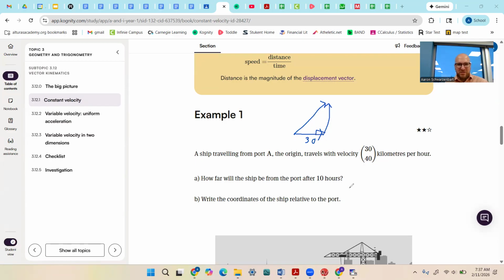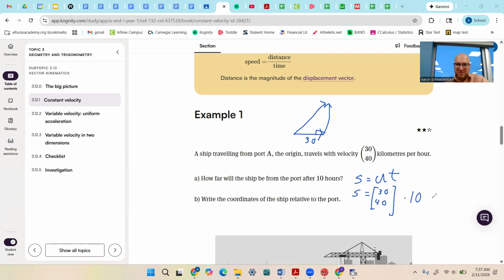How far will the ship be from port after 10 hours? I know velocity. S equals U times T, or distance equals rate times time. <30, 40> times 10.